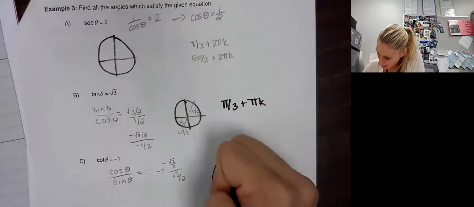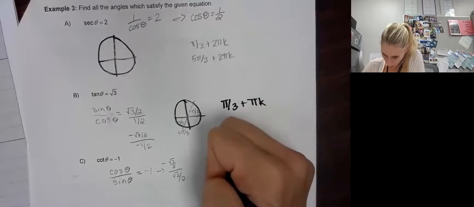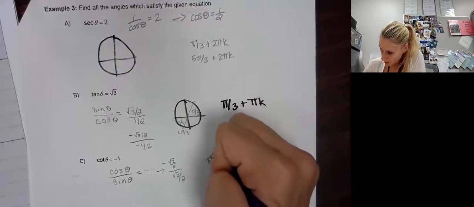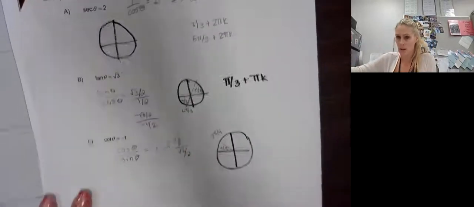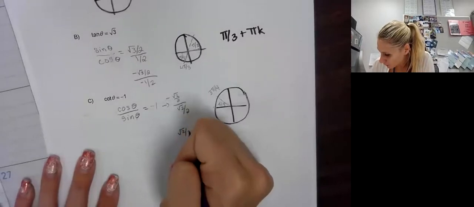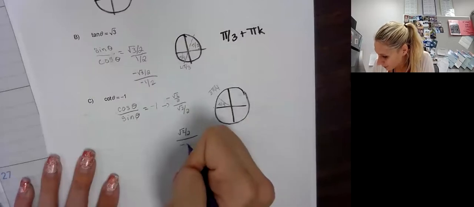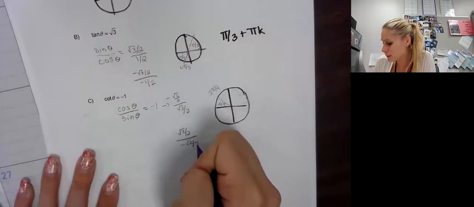And of course, if this is pi over 4, and we're subtracting it from pi, we get 3 pi over 4. And then we have to remember there's one more place, because I can do positive square root of 2 over 2 divided by negative square root of 2 over 2, and that still gives me negative 1.